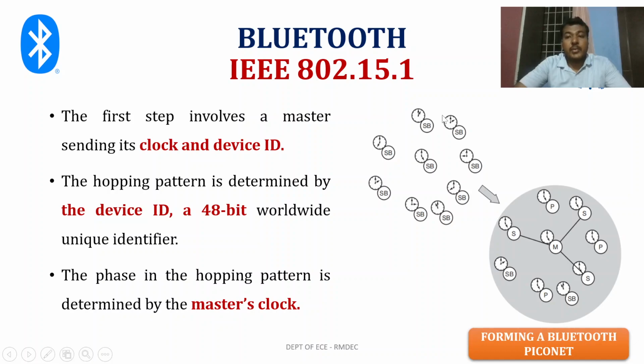If a new device has to be connected, it will be sending its clock and device ID. The hopping pattern is determined by the unique device ID, a 48-bit worldwide unique identifier. The phase in the hopping pattern is determined by the master's clock.